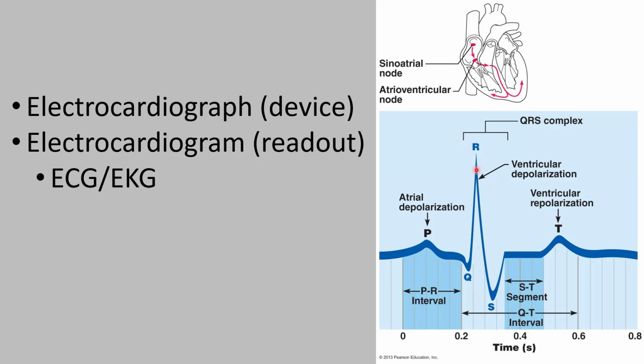Now, one more thing happens here, because by this point, now that electrical signal, that depolarization wave has spread through the Purkinje fibers and is spreading across the walls of the ventricles. So the third thing that happens in the QRS complex, ventricular depolarization.